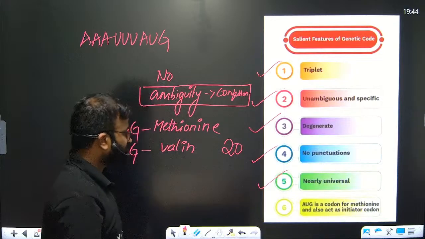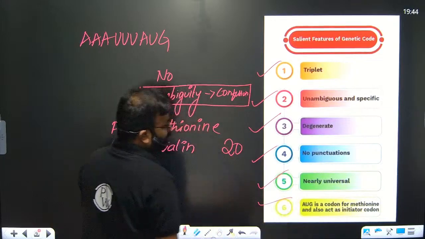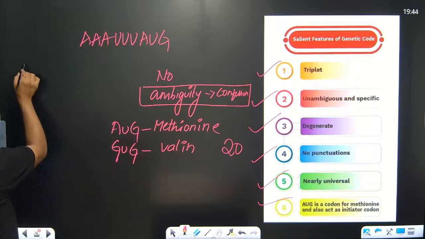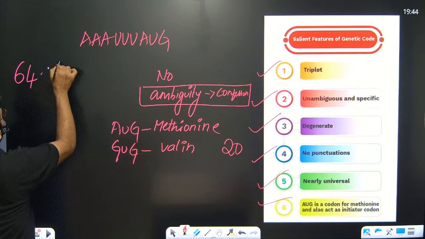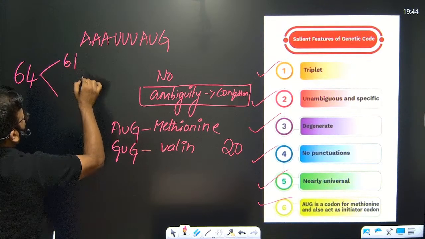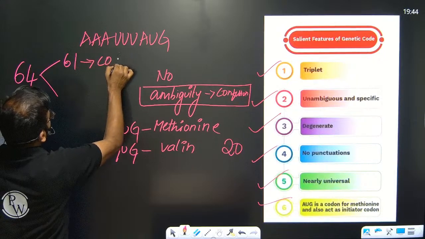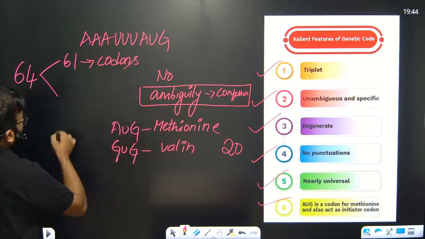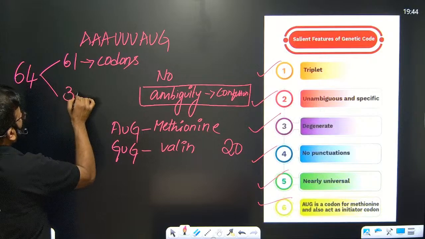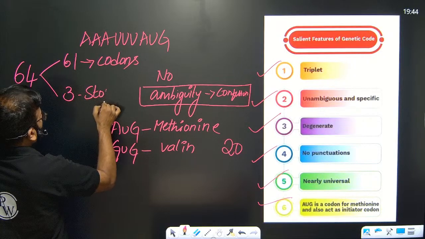Next, the important one: out of these 64 codons, we have 61 which act as codons, and the rest, 3, are the stop codons.